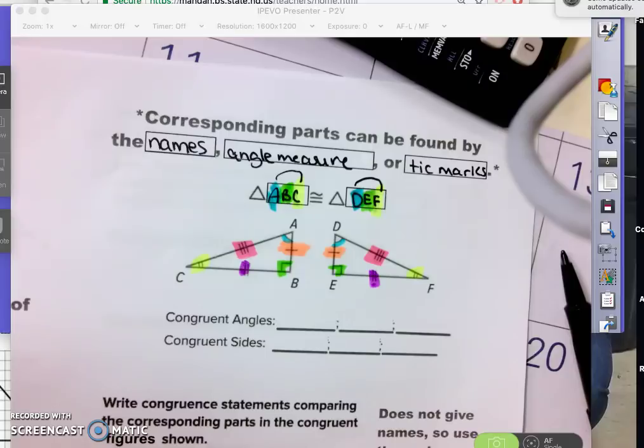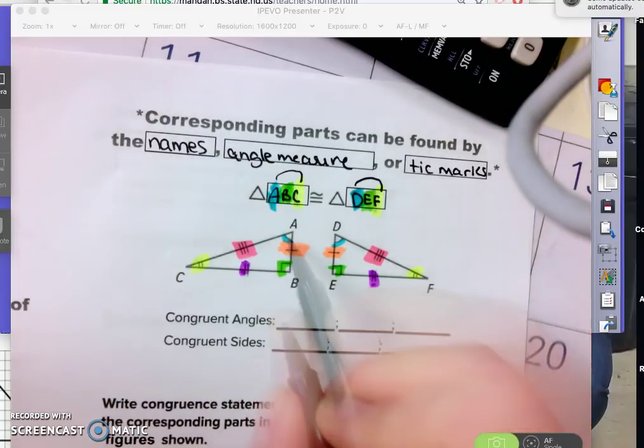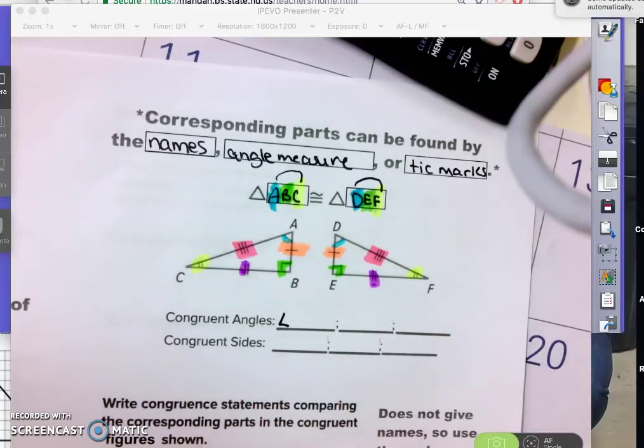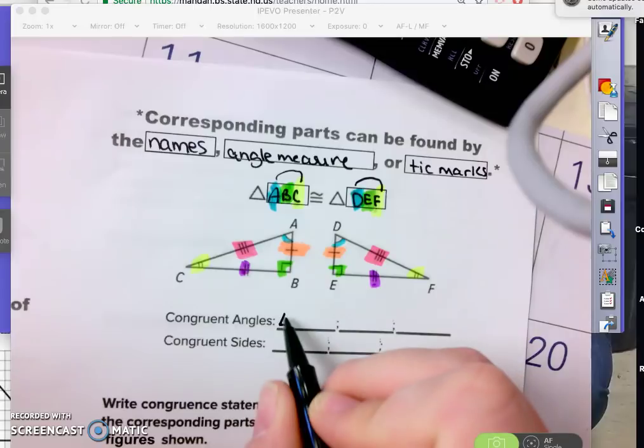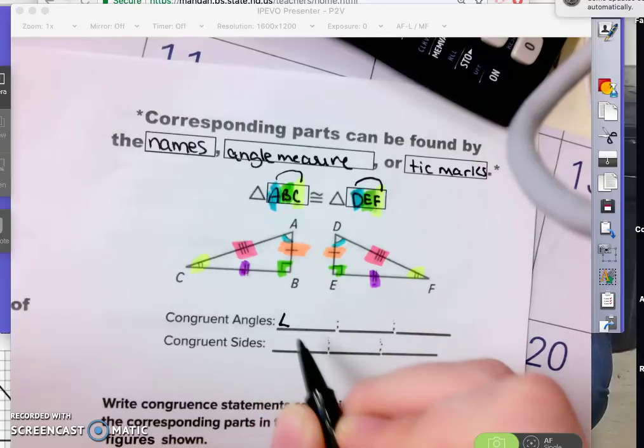So now we're going to write congruent angles. We can start with our A, and we're always going to write it using the congruent symbol.